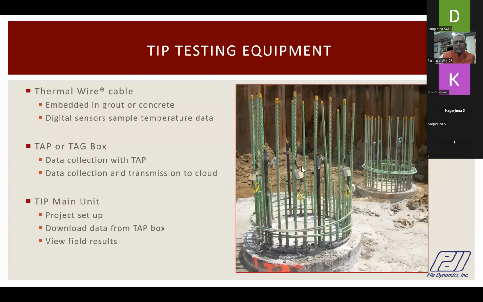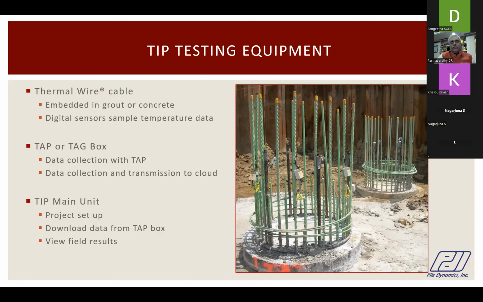So each of these wires should be connected with the thermal acquisition port, or a TAP. Okay, so it starts collecting the data the moment you plug it in, with user-defined time intervals. Usually it's around 15 minutes. The temperature measurements are recorded.